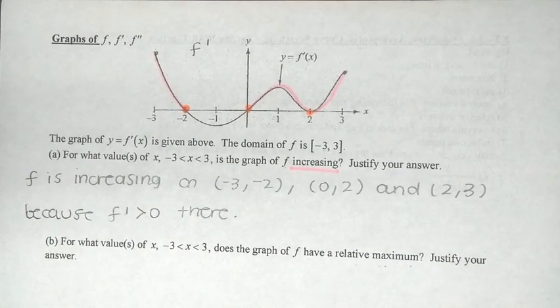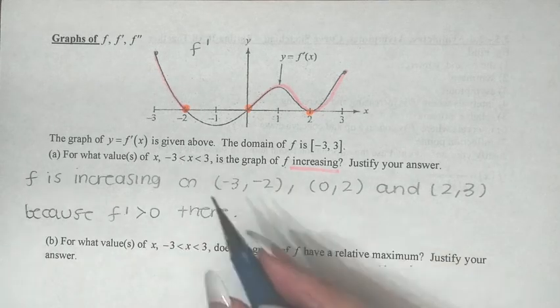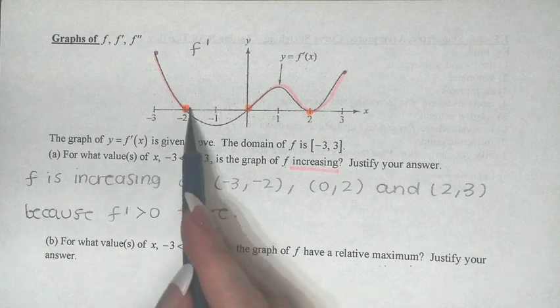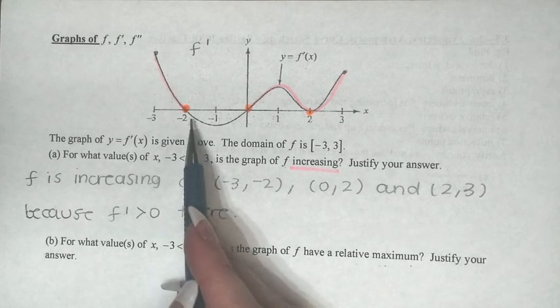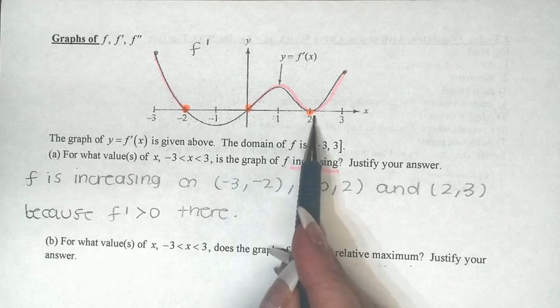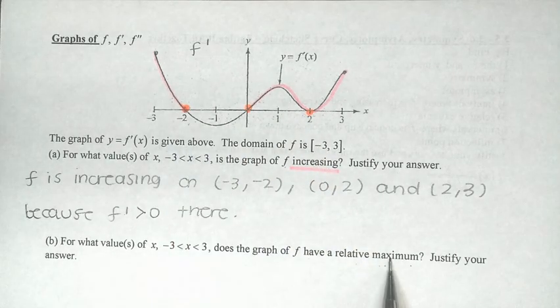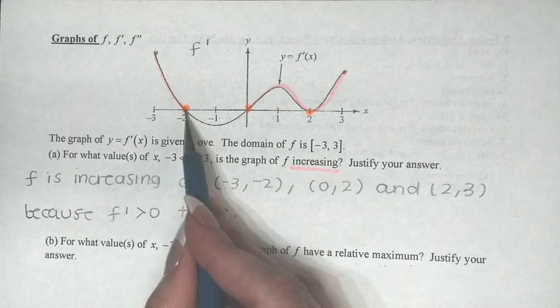Okay? More specifically, when we are talking about here, the maximum, to be a maximum, you know that f prime needs to be changing from positive to negative. So this critical number is a relative max. This one is a relative min because it changes from negative to positive. And this one is going to be neither. So the one that we want for this situation, because we want a max, is this one that you have over here.